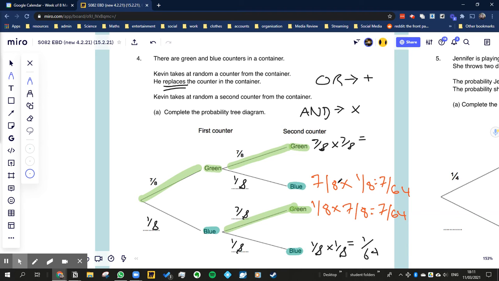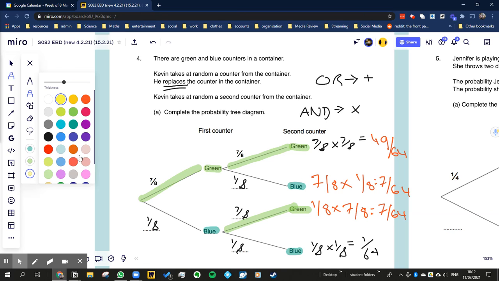But what's the probability of him getting at least 1 green? What we have to do is think about which ones fit. We've got these 4 different eventualities, and let's look at each one.